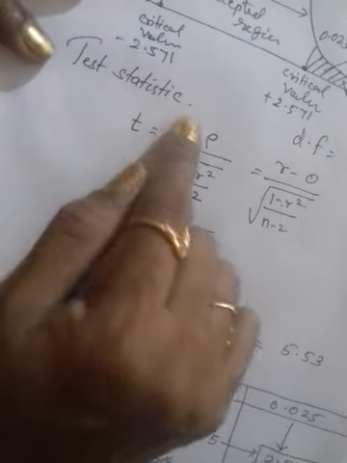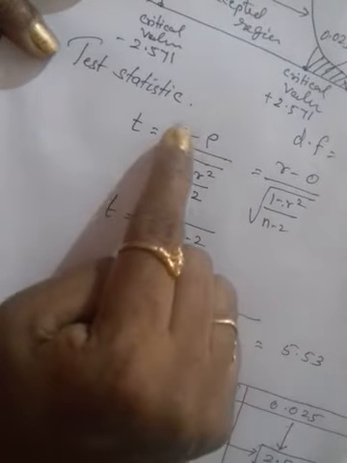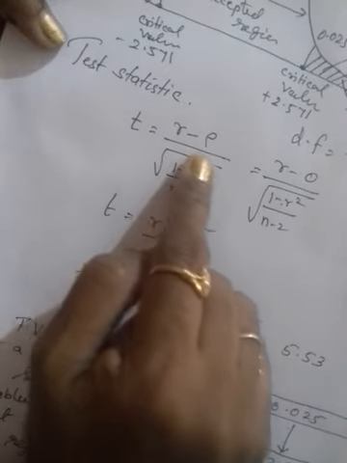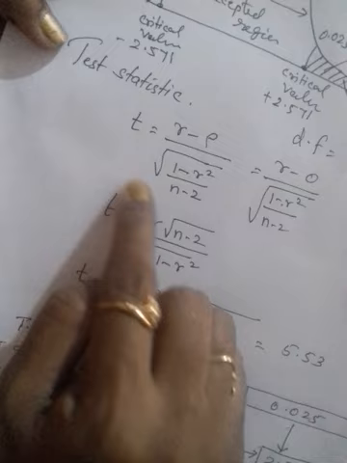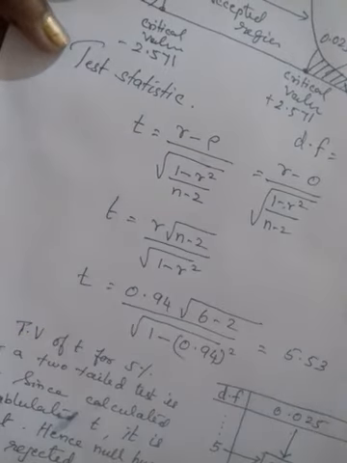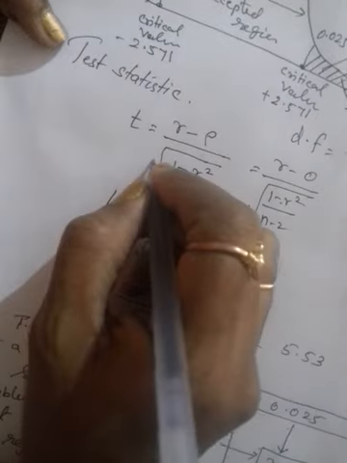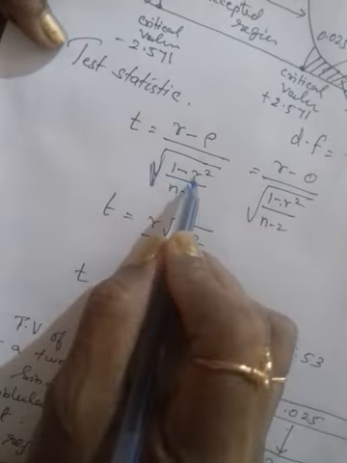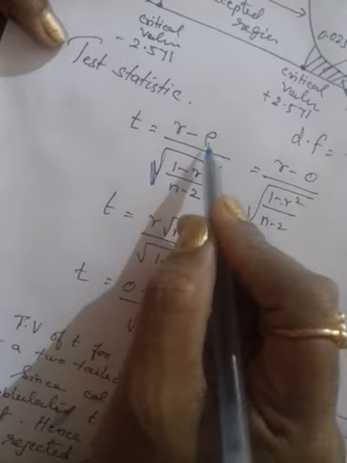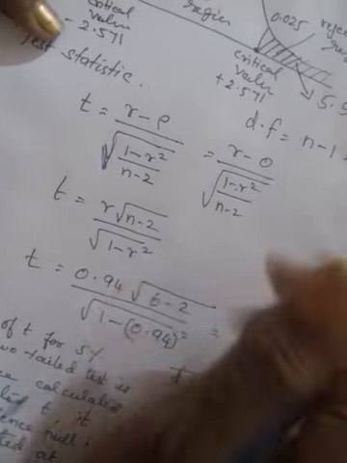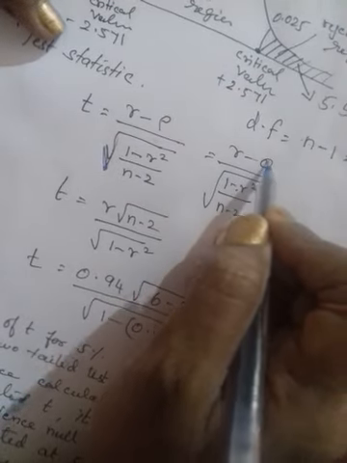Now the test statistic. Since I use the population variable and sample variable, I am going to use this formula: t is equal to r minus rho divided by the root of (1 minus r squared) divided by (n minus 2). Here we know rho is equal to 0, because in the null hypothesis we set rho equal to 0.